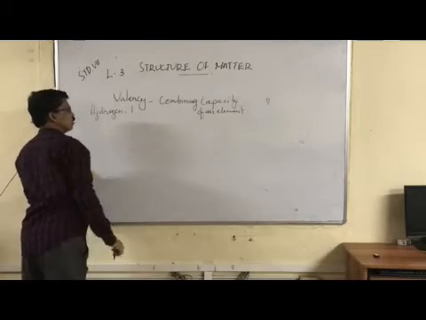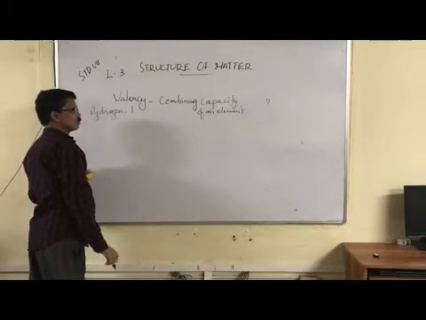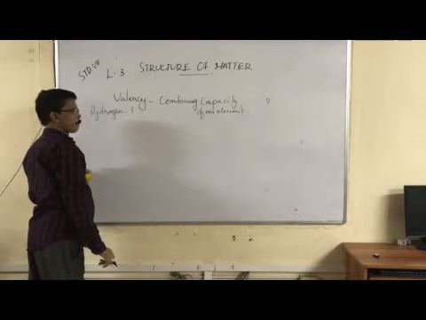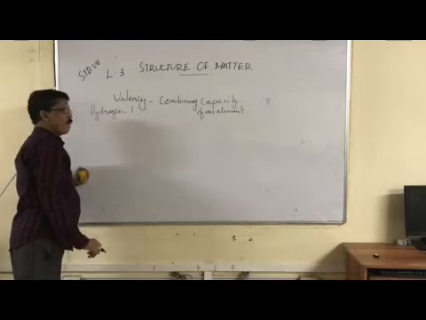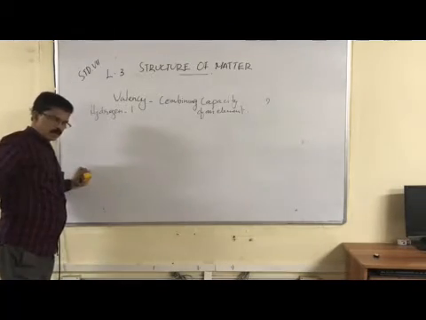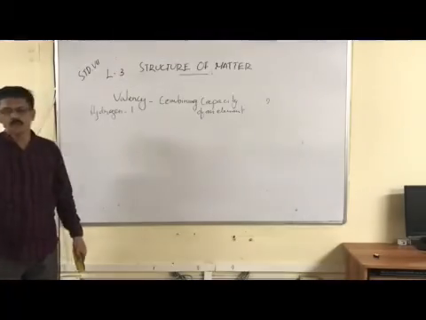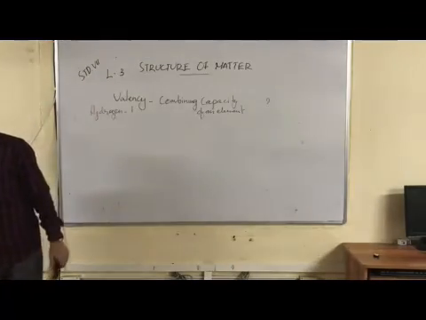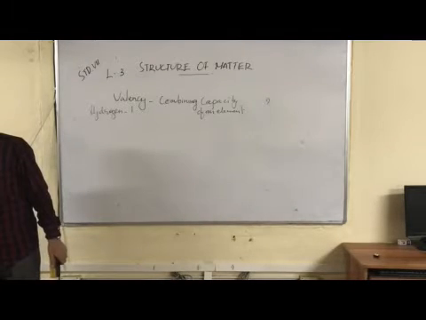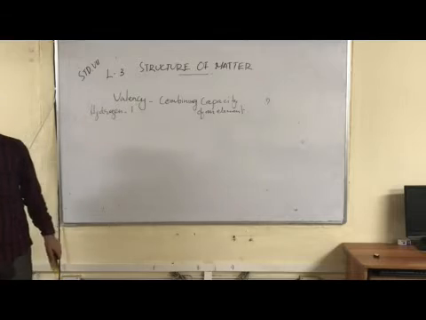We can also define valency as the number of hydrogen atoms which can combine. So what is the combining capacity of an element? What does it mean? The valency of an element or group is the number of hydrogen atoms which can combine.